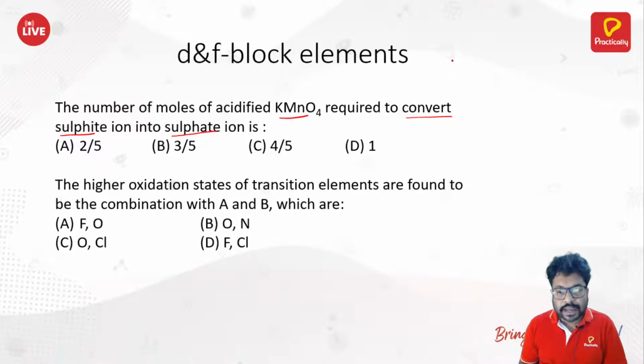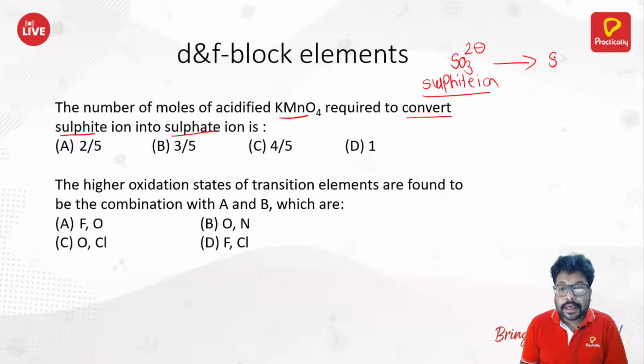Now, what is sulfite ion? SO3 2- is called the sulfite ion, and SO4 2- is the sulfate ion.